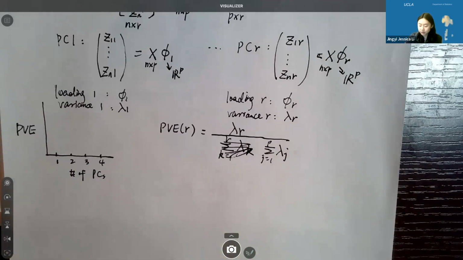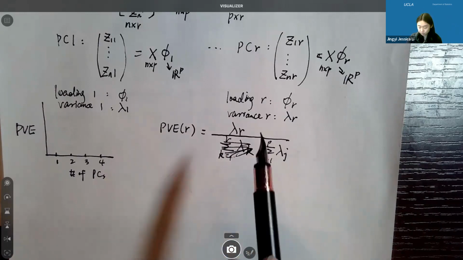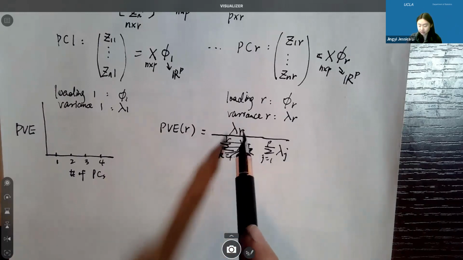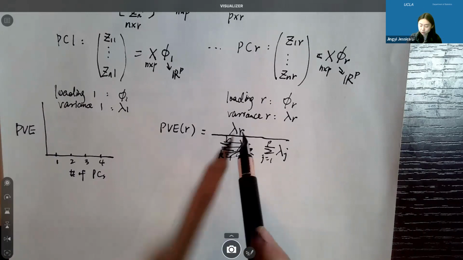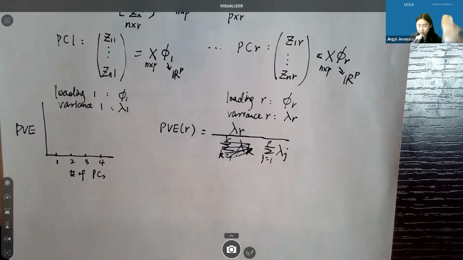So the total variance in our data is actually captured by that diagonal matrix after eigen decomposition. So the proportion explained by the rth dimension is just the corresponding rth diagonal entry over the trace of the lambda, the diagonal sum.